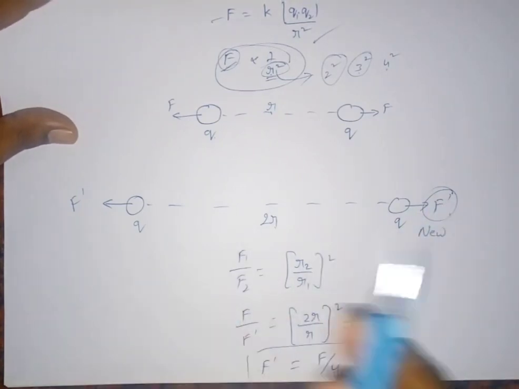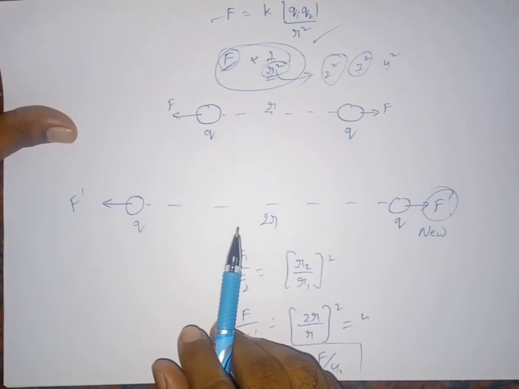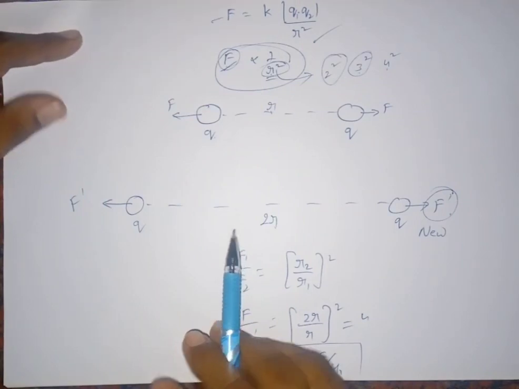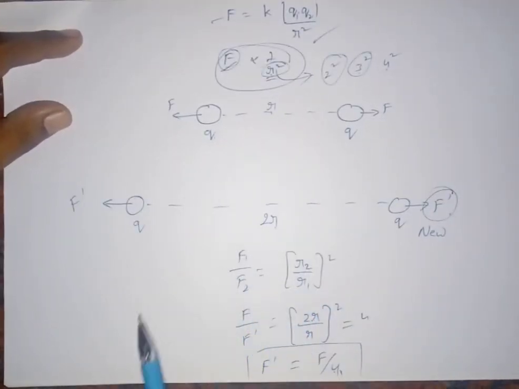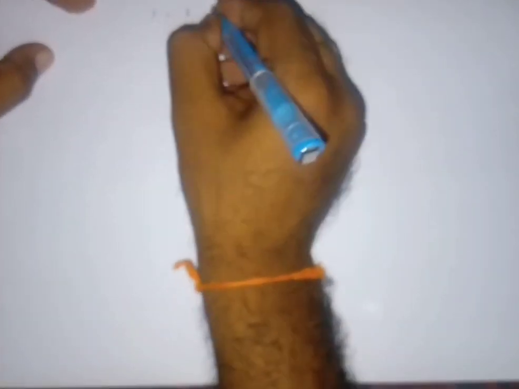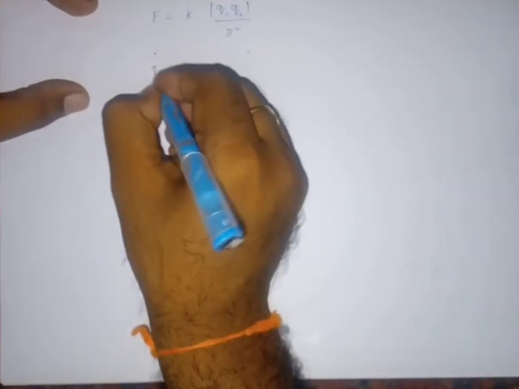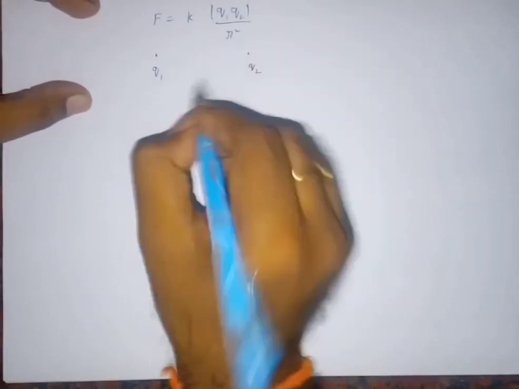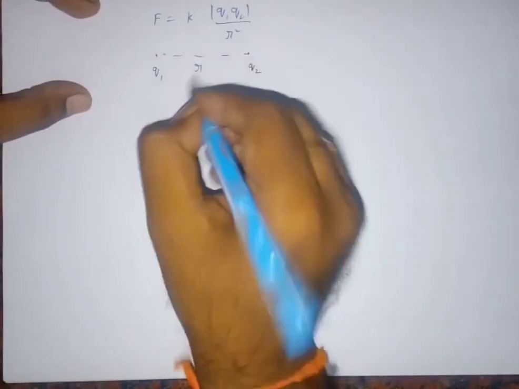So this we are talking about the variation of distance, and the previous one was the variation of charges. Now let's talk about the variation of medium. According to our expression, F is equal to K mod Q1 Q2 by R square if the two charges are separated by a certain distance in air.